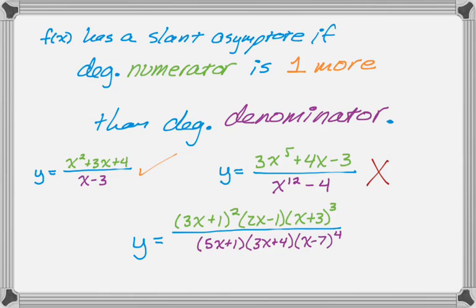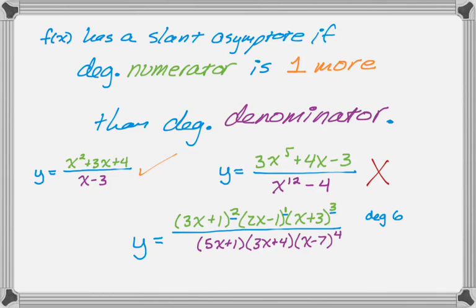And then you might see weird things like this, where you have to figure out the degrees. I'm going to put in a 1 there, and in the numerator you have a 2, a 1, and a 3. Those are your powers, so your degree there is going to be 6.